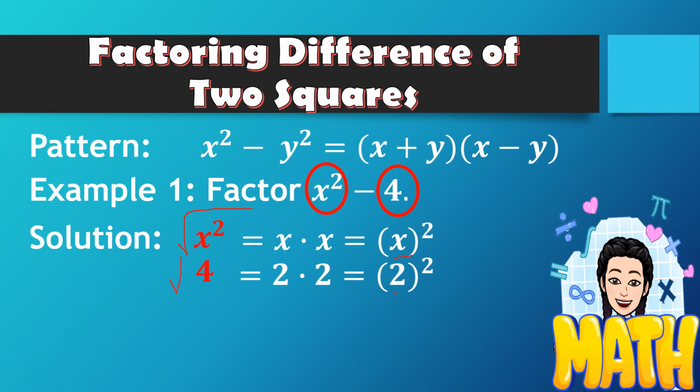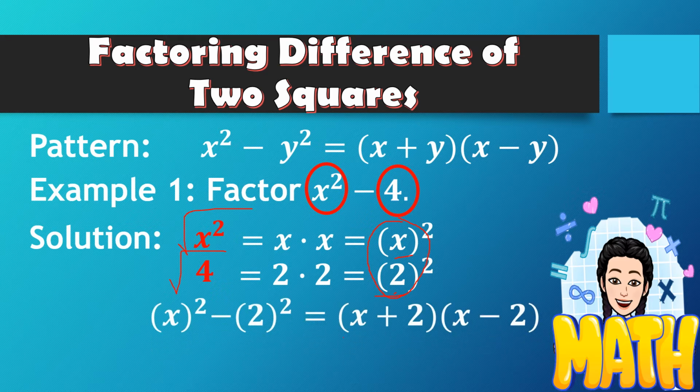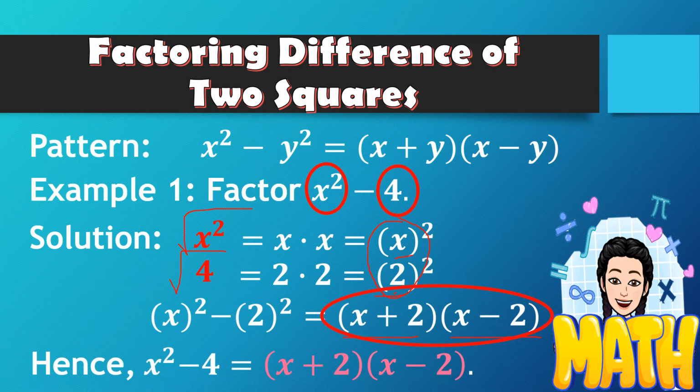Therefore, the square root of 4 is 2. Then, yung square root nila na x at 2, gagawin lang nating plus and minus. So, we have x plus 2 times x minus 2. Yun na ang factored form ng x squared minus 4.